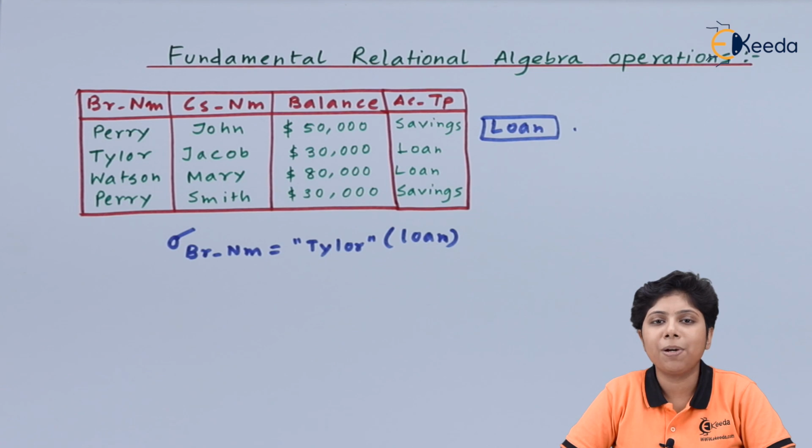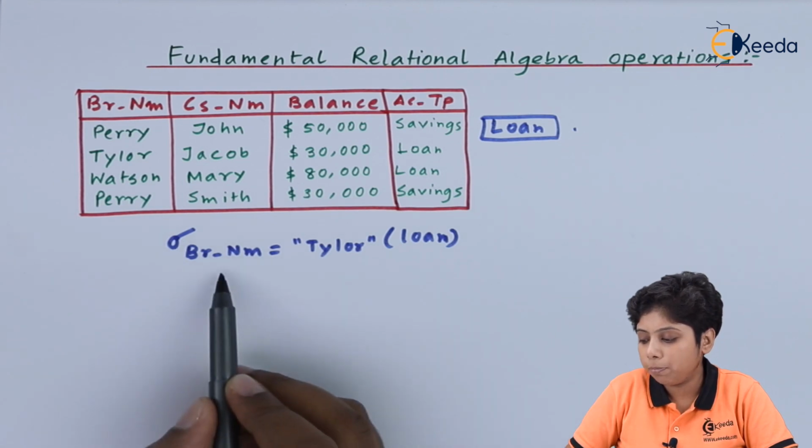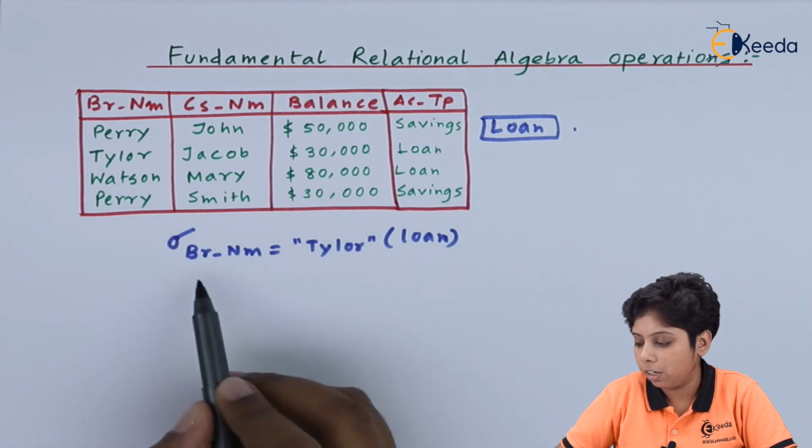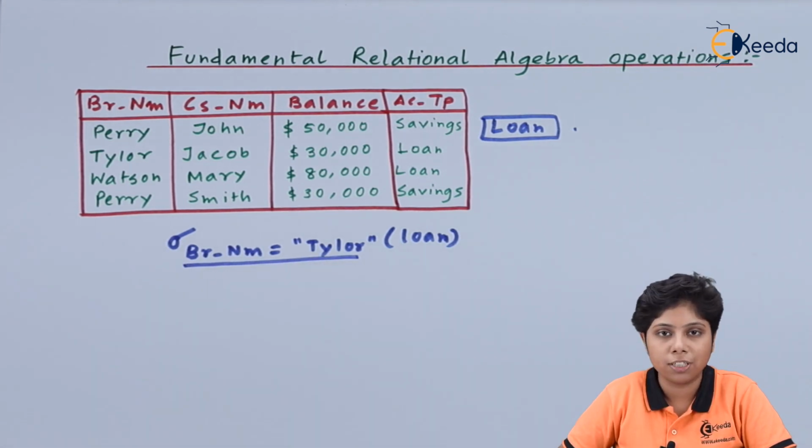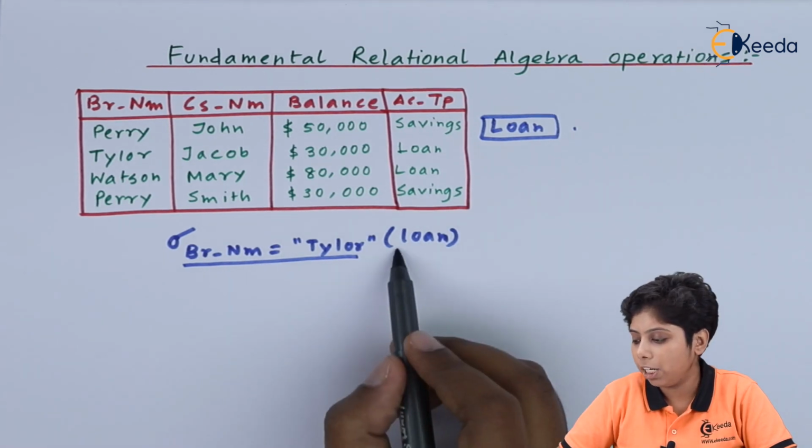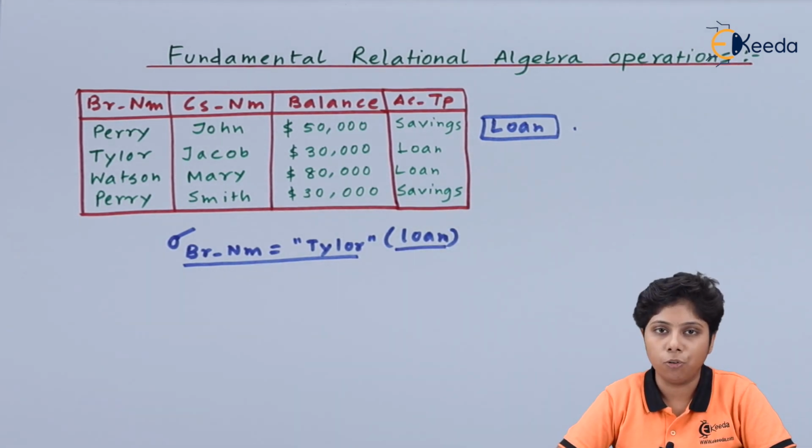Here we are representing the select operation with the Greek letter sigma. Sigma followed by the branch name equals Teller is the predicate for this operation, and then the relation name which I have given here, loan.